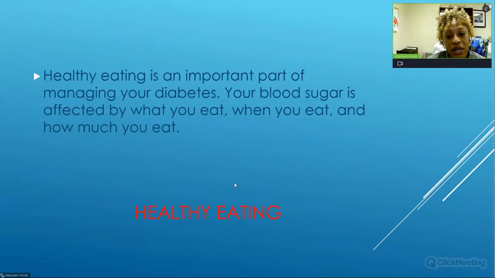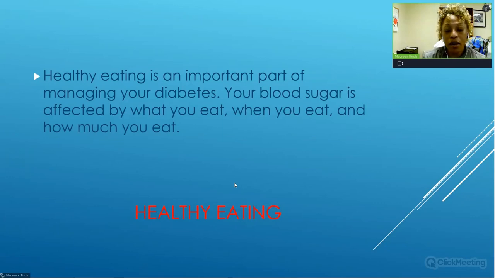And the reality is, when you have diabetes, it's not like you cannot eat. You can eat, but it's all about healthy choices of what you choose to eat and the portion controlling of your carbohydrates.